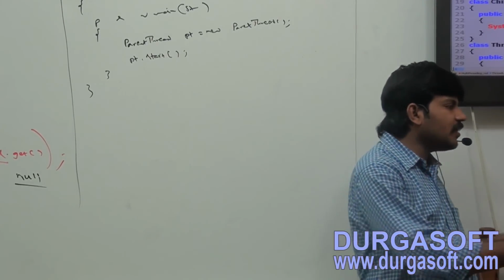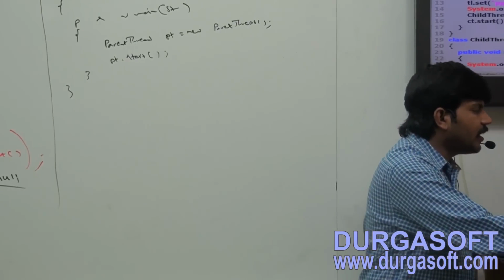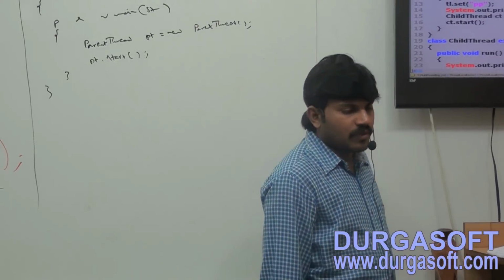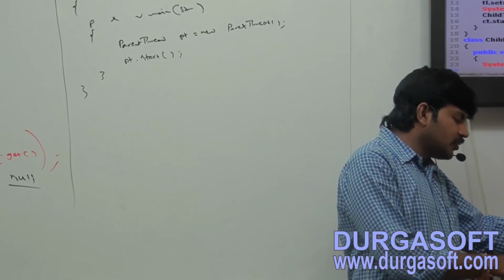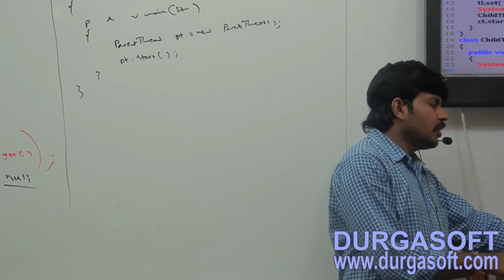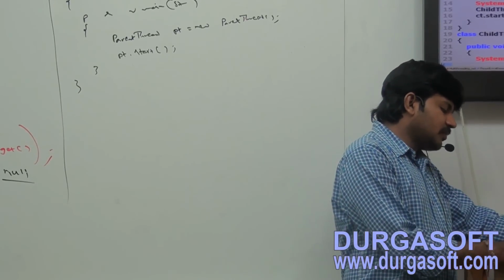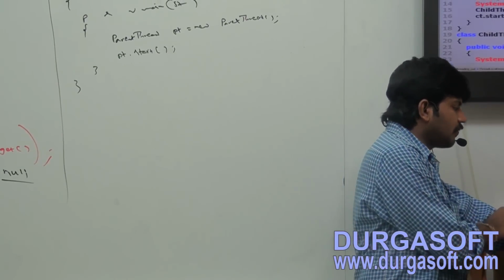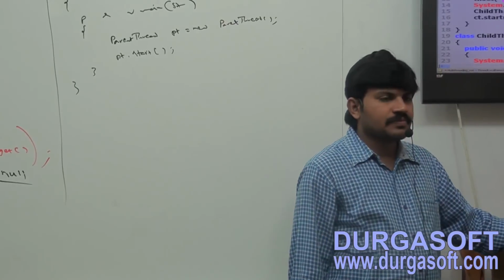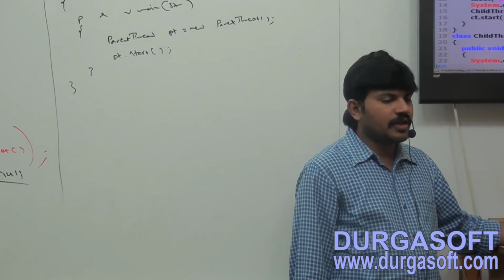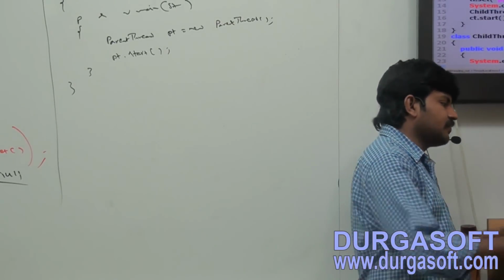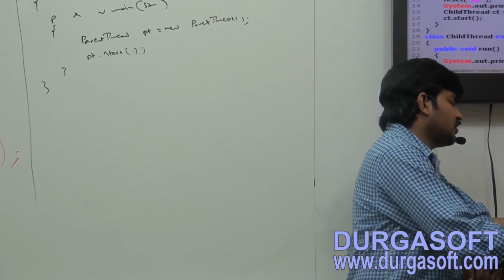By overriding the childValue method. Next, constructor. Only one constructor.